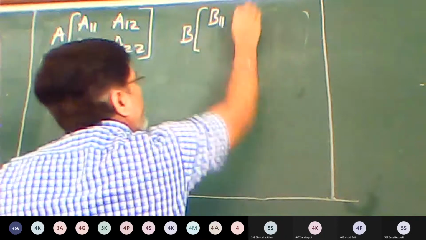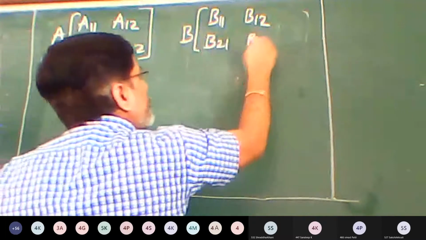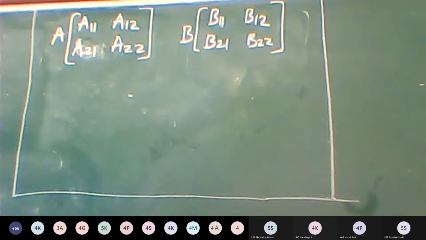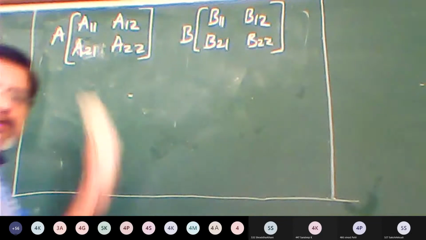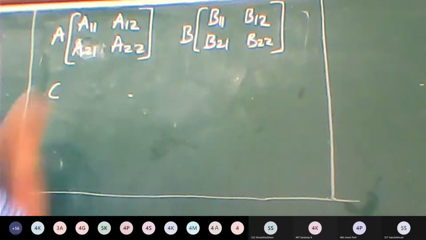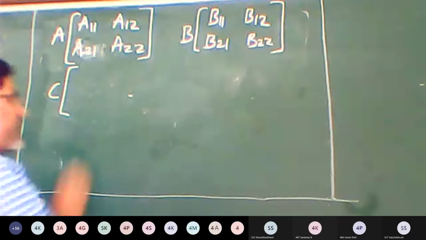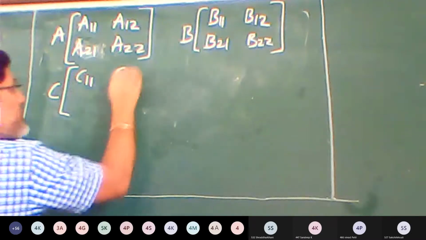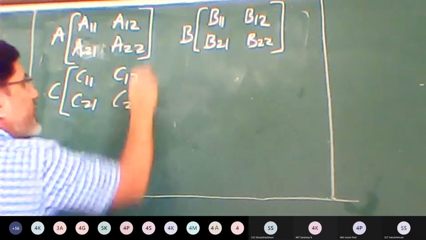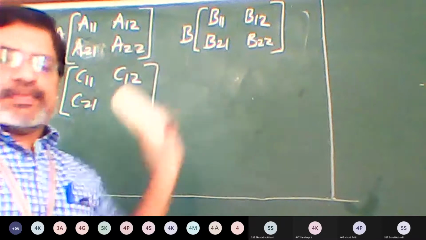Say B11, B12, B21 and B22 are the elements of the matrix B. Now, if I perform the matrix multiplication of A and B and arrive at a matrix C, matrix C will again have elements C11, C12, C21 and C22, as the resultant matrix, where C is nothing but A into B.